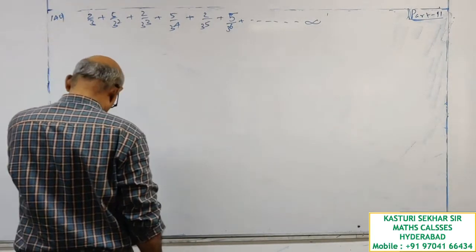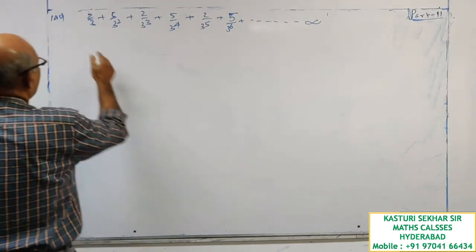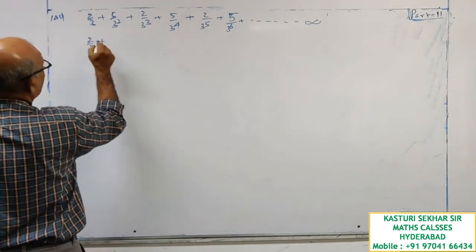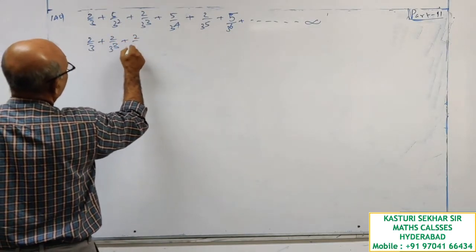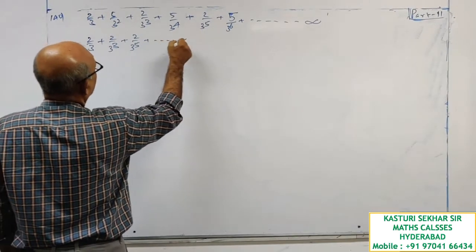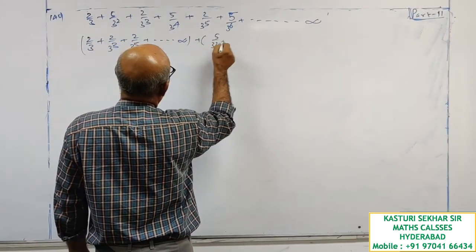Now let me resolve this one. Let me write it as two series, with the terms at odd places in one bracket and the terms at even places in another bracket.